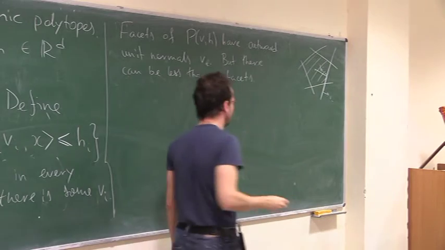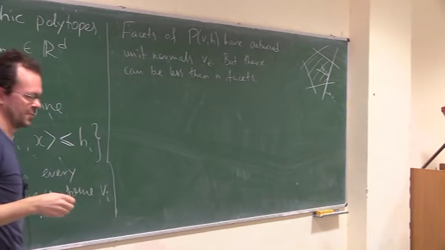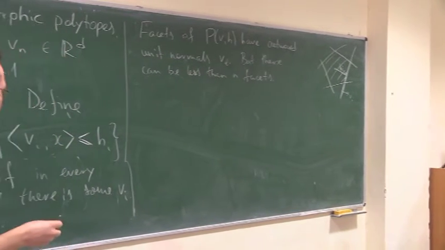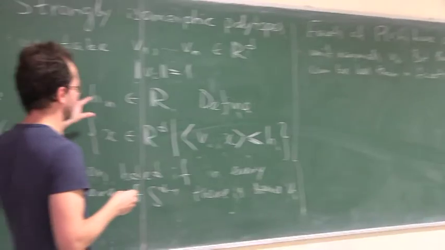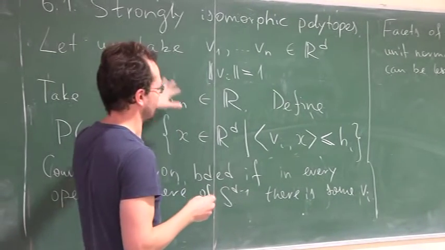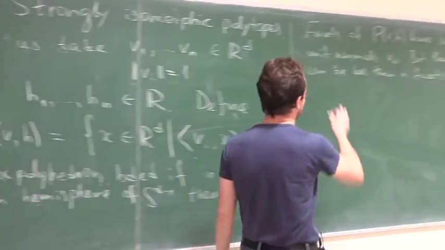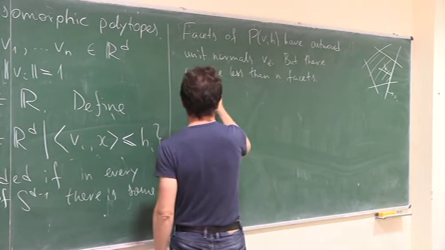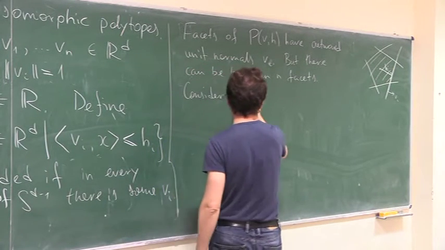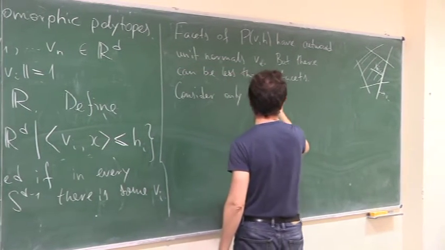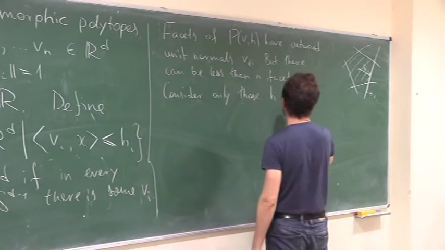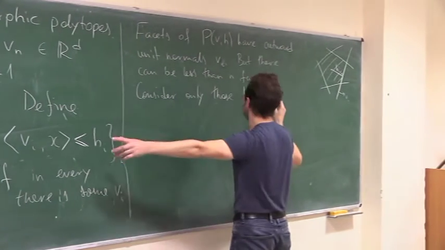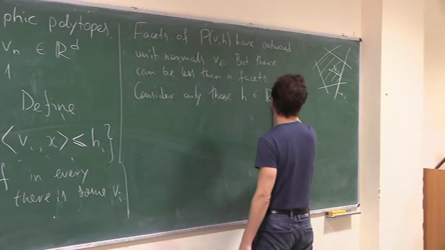That not all Vi's define a facet. So let us consider only those collections of Hi's for which it has n facets. So consider only those H. Well, so H is basically a vector in Rn, right?